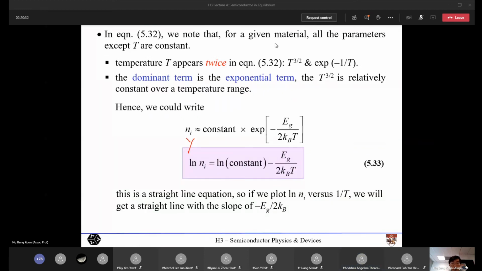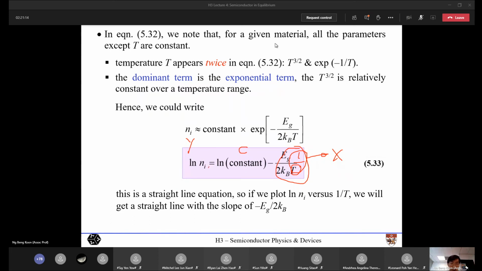Then you have this constant, ln C, still a constant. And the exponential term now becomes minus Eg over 2 kBT. This last term has the variable of temperature, so you can think of the 1 over T as the variable X.